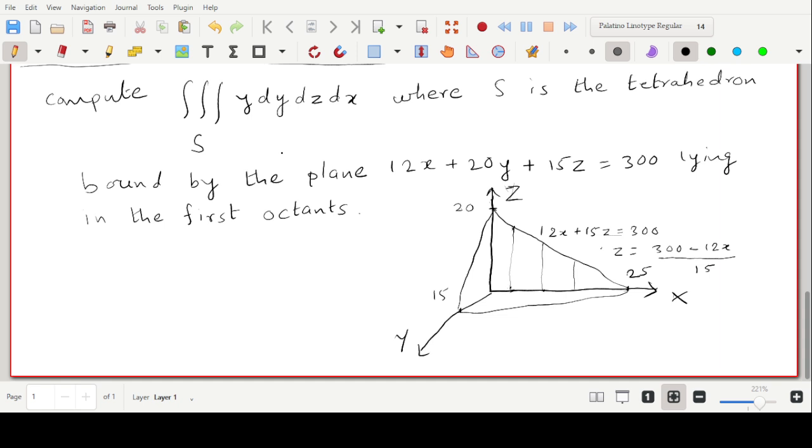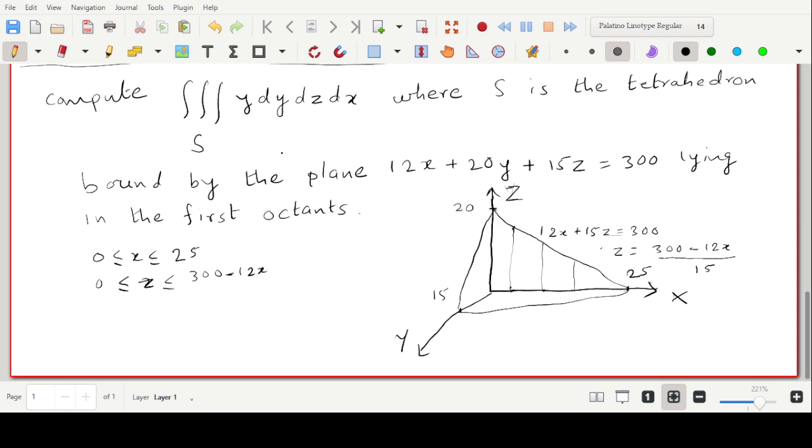So for every x, now we are setting limits for each of these variables. x is varying from 0 to 25 without any restrictions, and for every x, z is varying from 0 to 300 minus 12x.